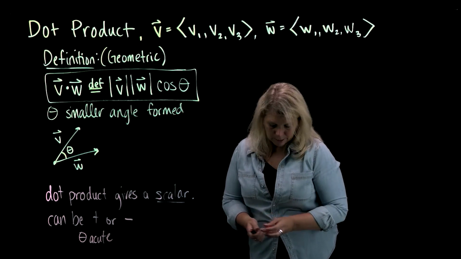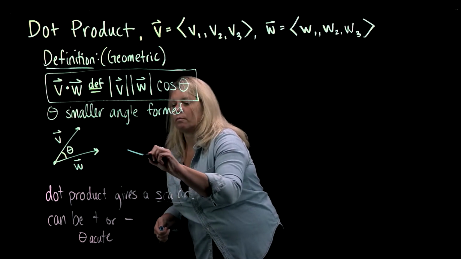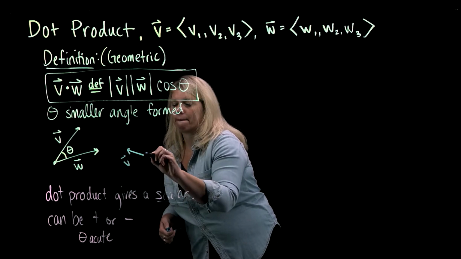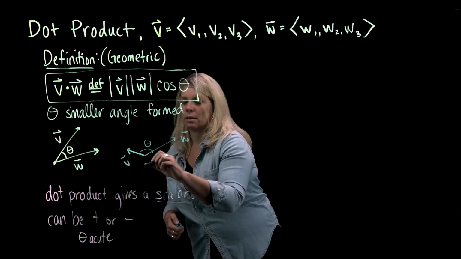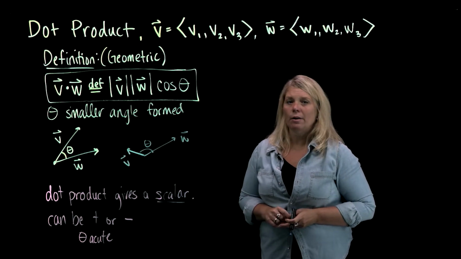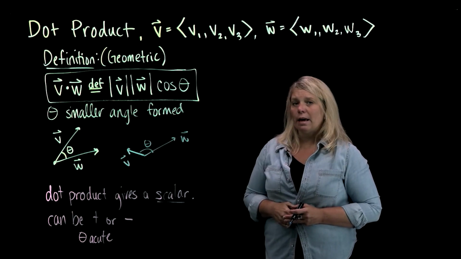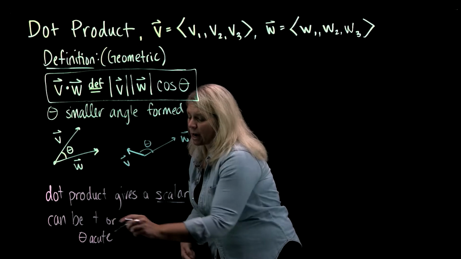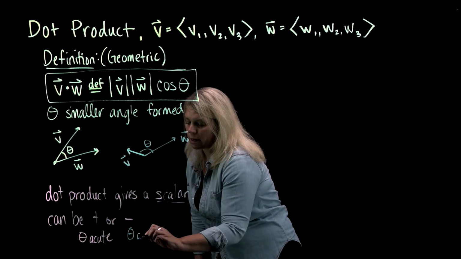And if I drew another picture here of two vectors, v and w, and I have an obtuse angle, so between 90 and 180 degrees here, that angle would have a cosine value that is negative. So a negative dot product indicates when the angle between them is obtuse.